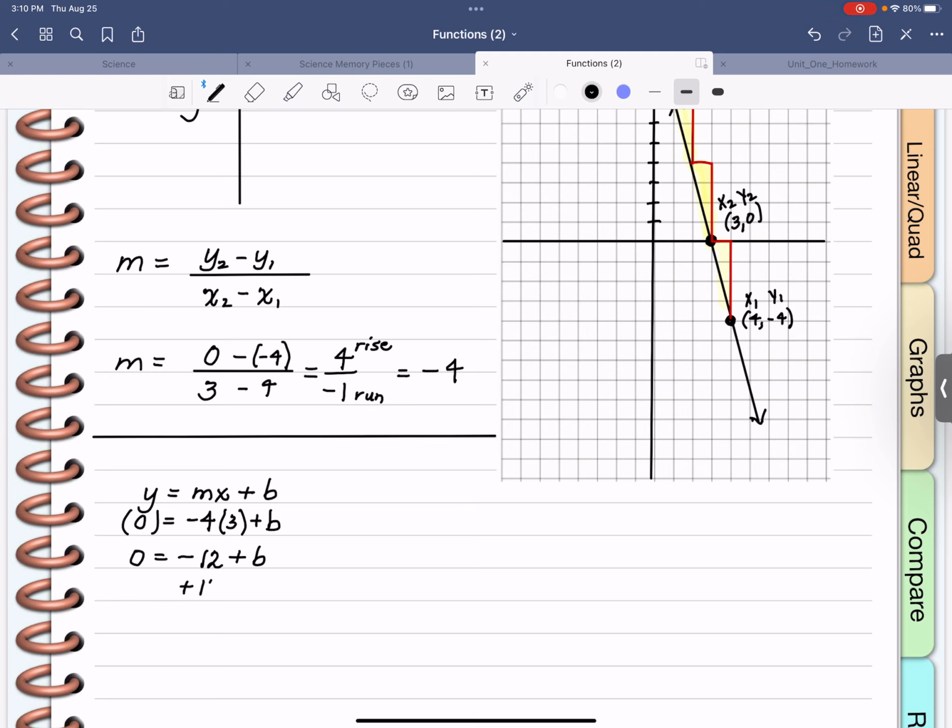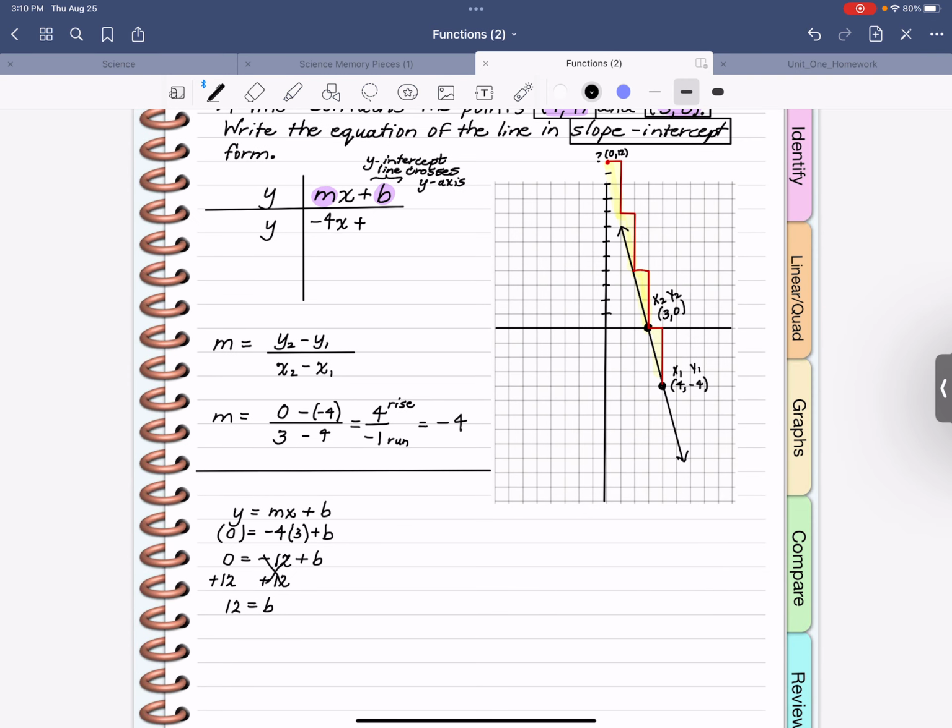So if we move the 12 like we are supposed to, we will get baby B being worth 12, which we knew. We can prove that visibly, but it's good to just prove it also with math, especially if I'm doing the drawing. So 12 is baby B, and there's my answer. I don't even have to do anything with it. Right there she be.